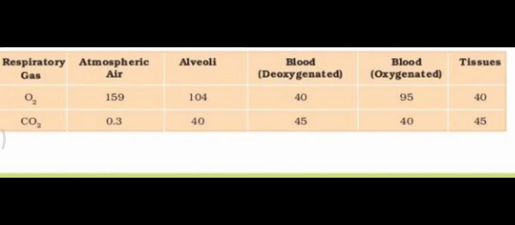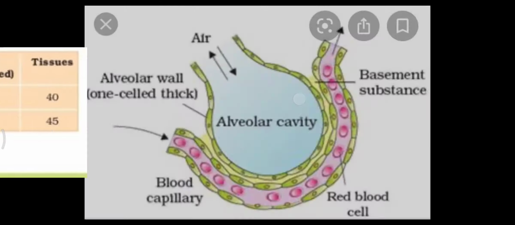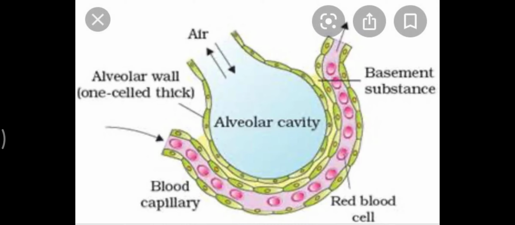Now let us see the membrane through which the diffusion occurs. The diffusion is going to occur at the level of alveoli, and it has to pass at least 3 layers. The first layer is the squamous epithelium of alveoli. You can clearly see the alveoli has a single layer of cells, and that is the squamous epithelium of alveoli.